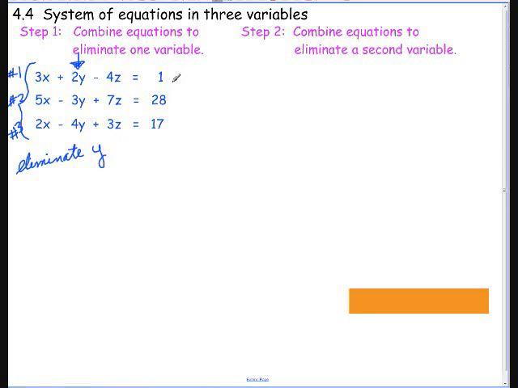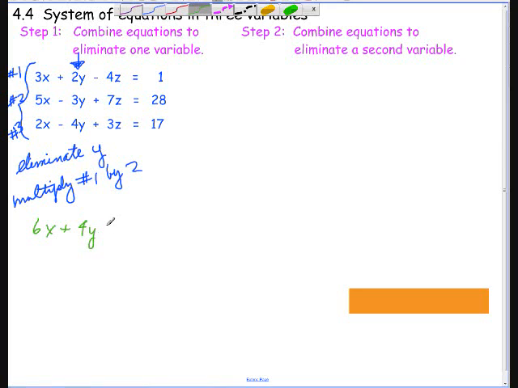What I would do here on this first pass is multiply number 1 by 2. Okay, let me write that down in a different color. So number 1, I'm going to multiply it by 2, which will give me 6x plus 4y minus 8z equals 2.